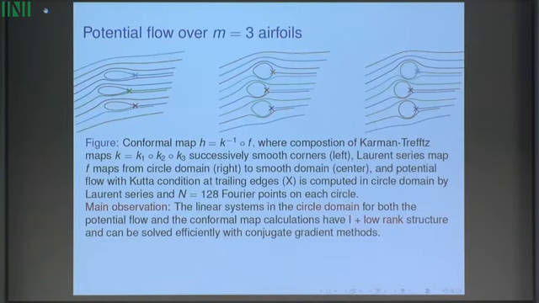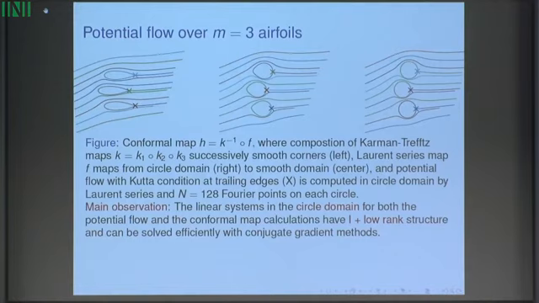The simple thing I'm pointing out in this talk is that the structure of the linear systems we get, both for the linear problem and the linear systems for the Newton iteration, all have basically a discrete Fourier transform matrix plus low rank, and can be solved efficiently with a conjugate gradient-like method.